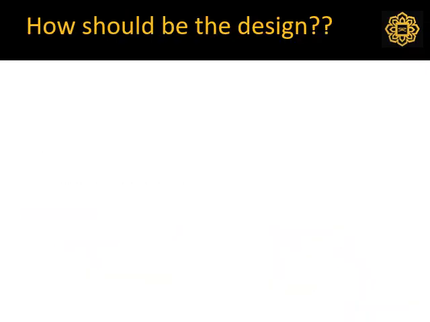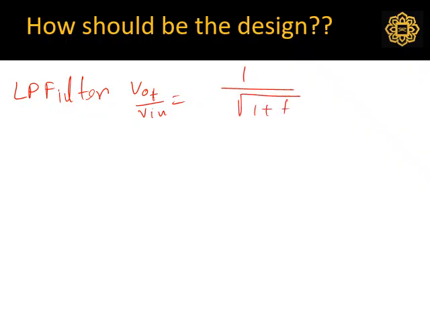Now the low pass filter. For the LP filter, you have basically the same, a little bit different equation: V out by V in equals 1 over root of 1 plus (F by Fc) whole square.